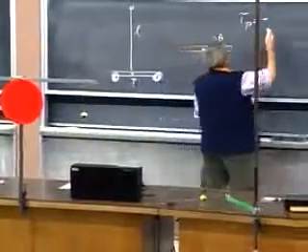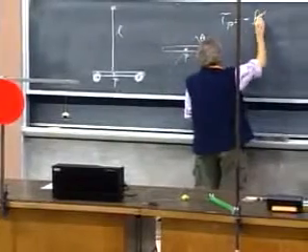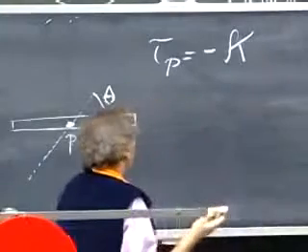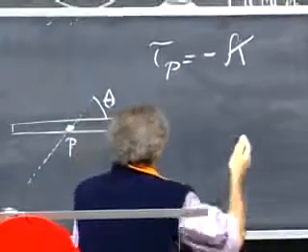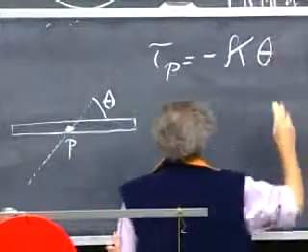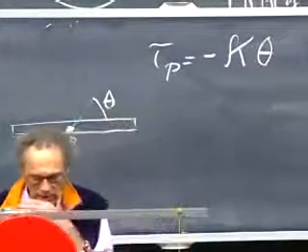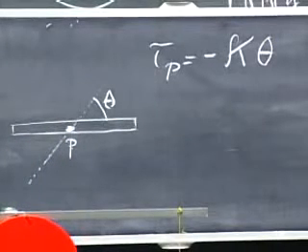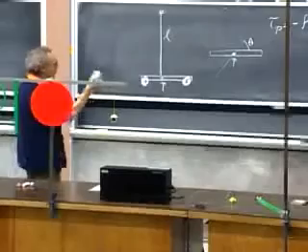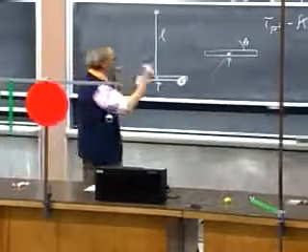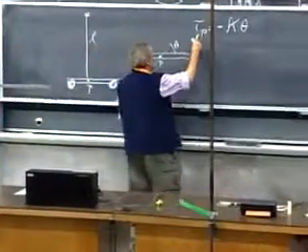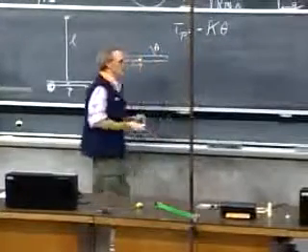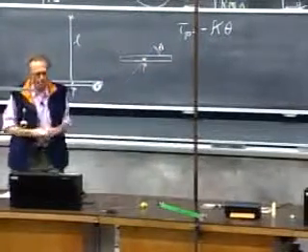Instead of a k now, we have kappa, which is what we call the torsional spring constant. And now we have an angle which we call theta. So we generate a torque which is proportional to the angle, very similar to the linear spring, whereby we generate a force which is proportional to the linear displacement. Now you generate a torque which is linearly proportional to the angle.